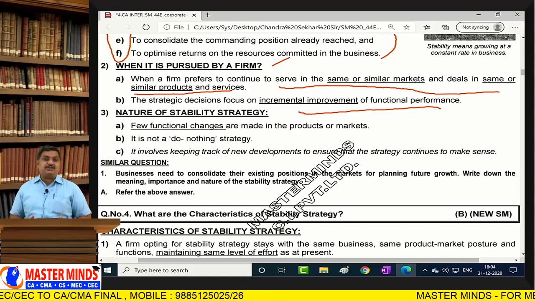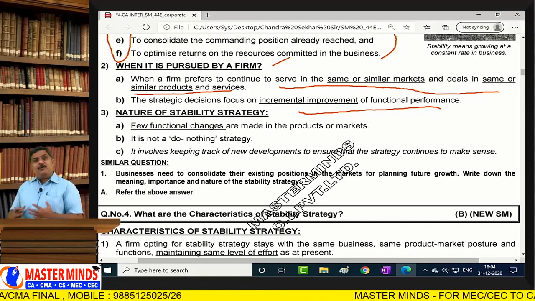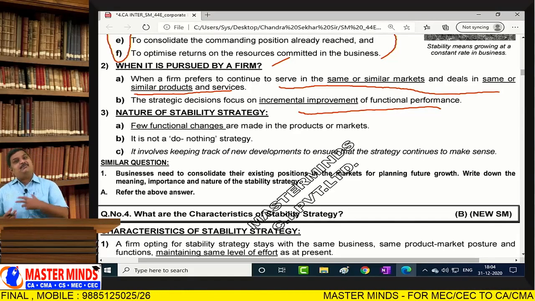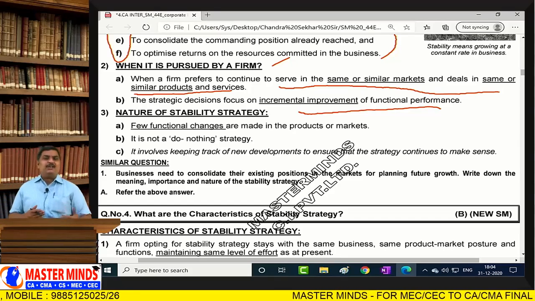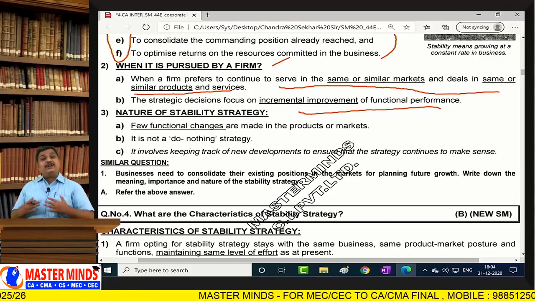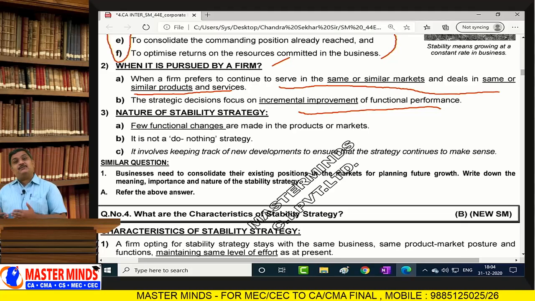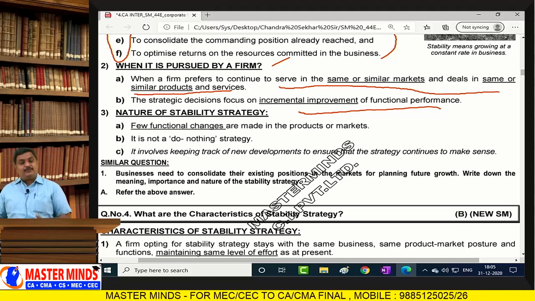That means your marketing, finance and production should be performed in a better manner to reduce cost. By using minimum inputs, you should focus on getting maximum outputs.